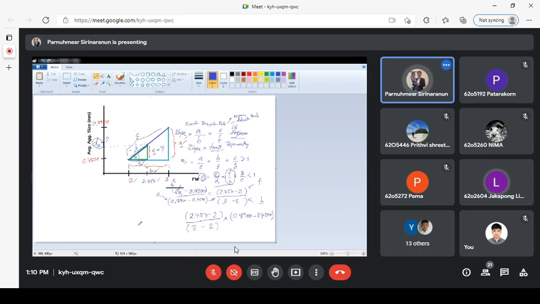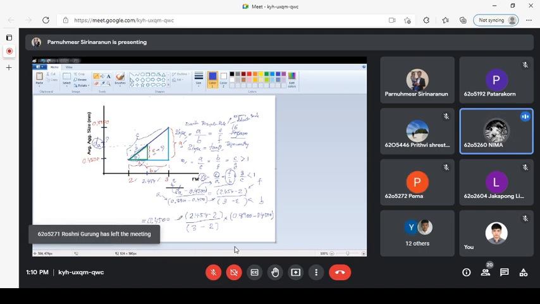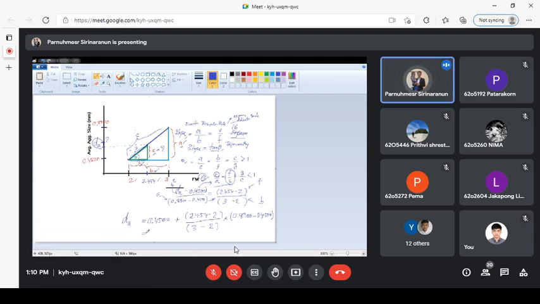On the left side is dA minus 0.45, and then move 0.45. After that, what do you get?